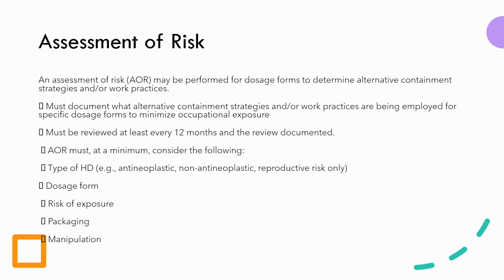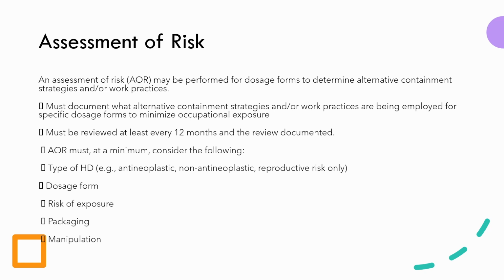Okay, let's talk about assessment of risk. Assessment of risk may be performed for dosage forms to determine alternative containment strategies and/or work practices. Usually this is done for hazardous drugs that have minimal manipulation.